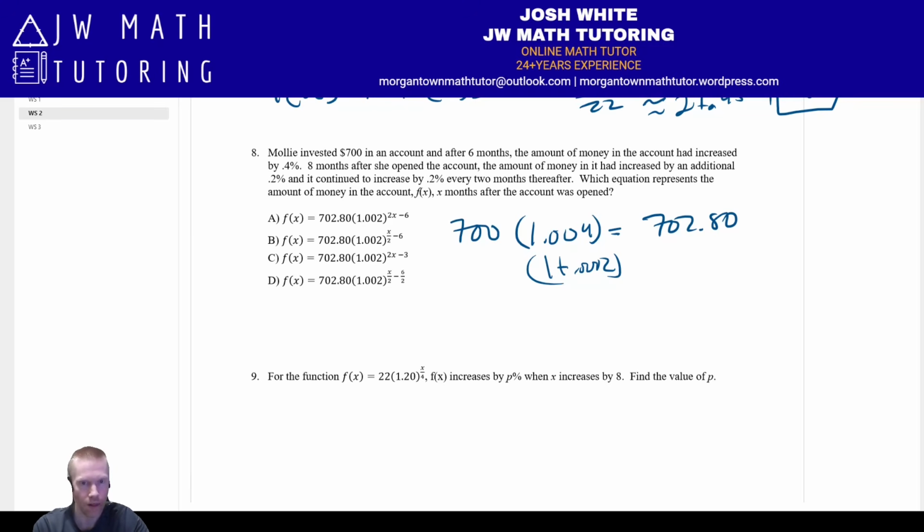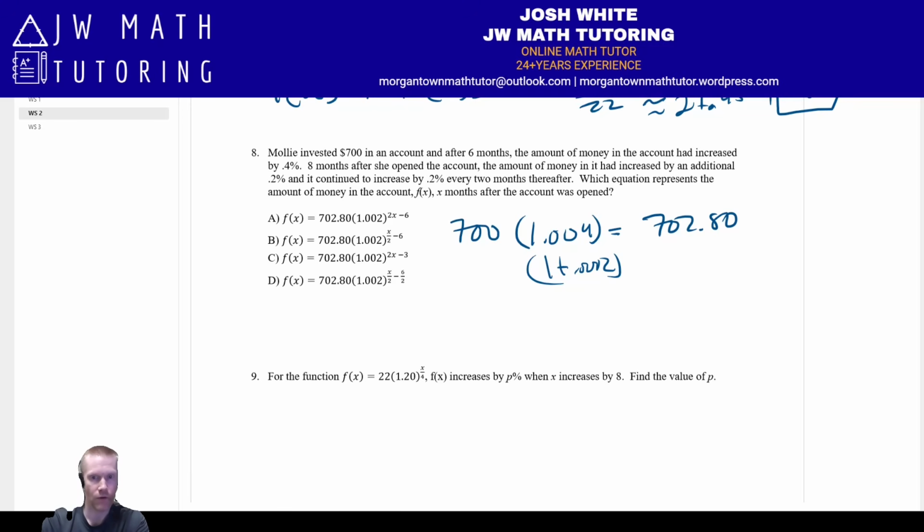Okay. So now the question is, which of these exponents is correct? The easiest way that I've found to do this is to just back solve it. So let's say it's been 8 months.